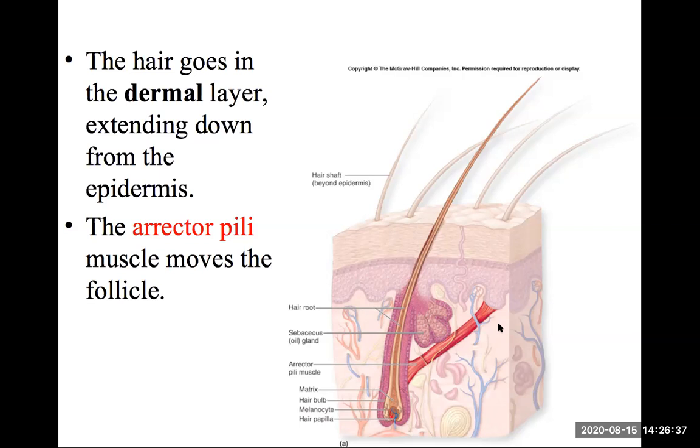Now, attached to the hairs that we're looking at on the skin is a muscle called an erector pili. This muscle is involuntary, so it's smooth. So what do you think happens when this muscle shortens? Well, when the erector pili muscle contracts, it's going to cause the hair to go up.